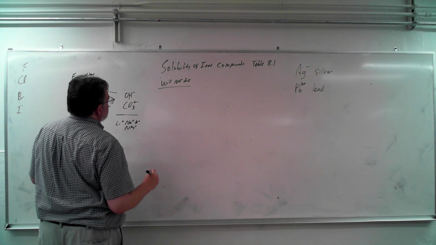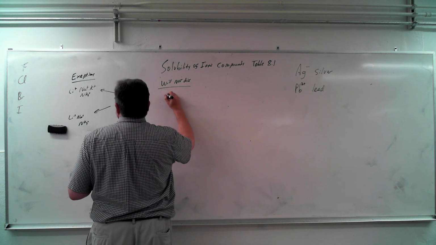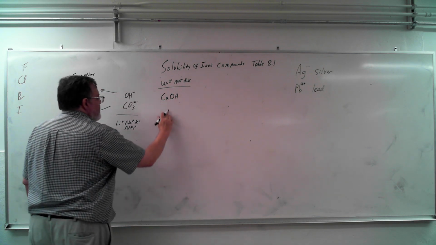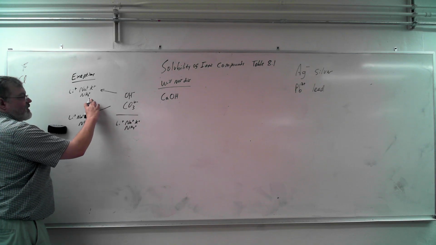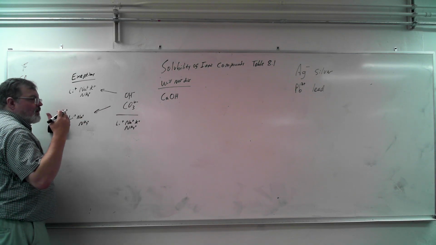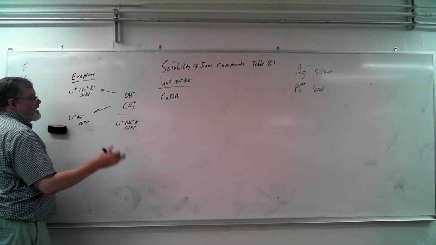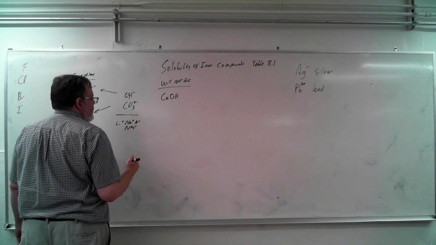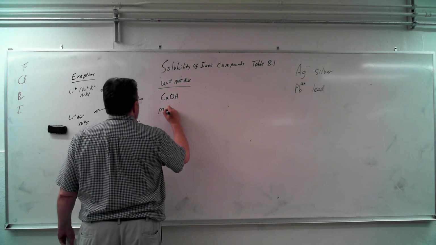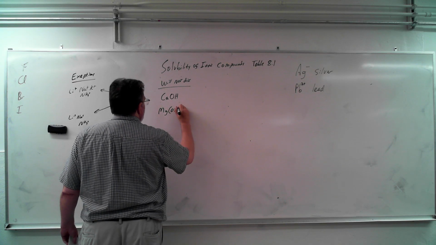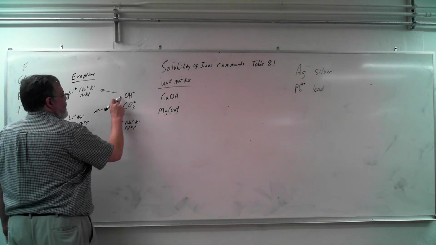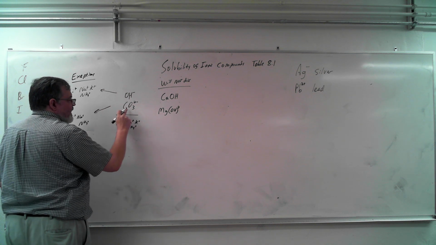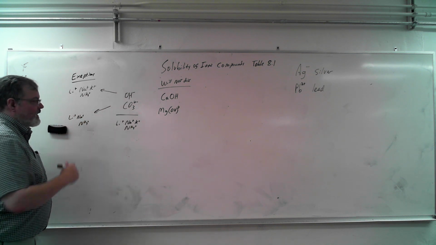All right, so if I came up with examples, here's what won't dissolve. That will not dissolve because calcium is not in the exceptions. So we're kind of doing this the opposite way. We're stating what will not dissolve, but the exceptions are the things that will dissolve. What else can I do? So OH is a polyatomic ion. That was in that list for sure. Carbonate.